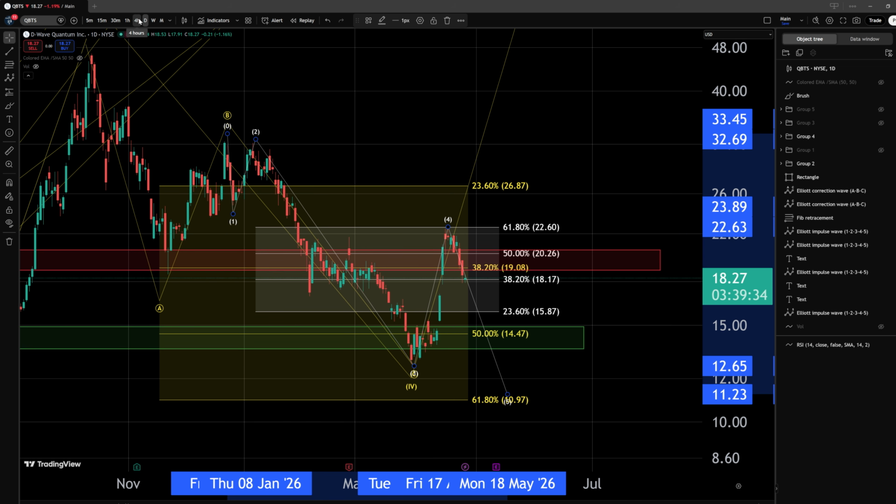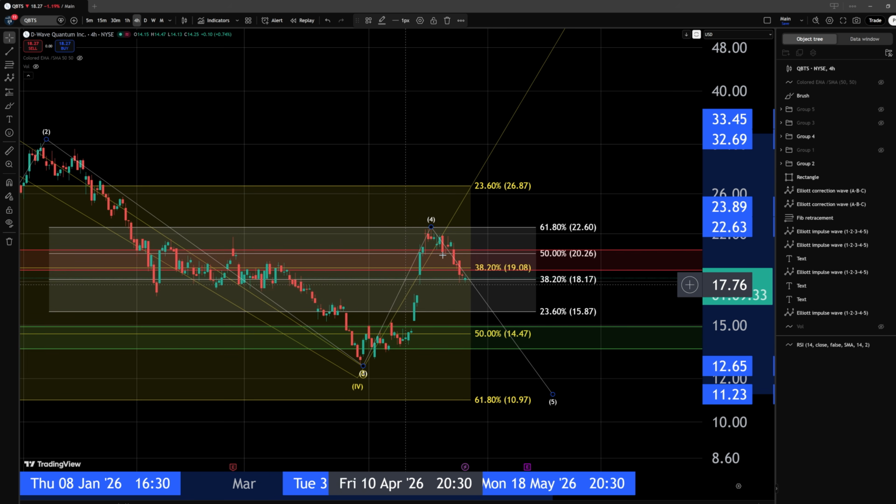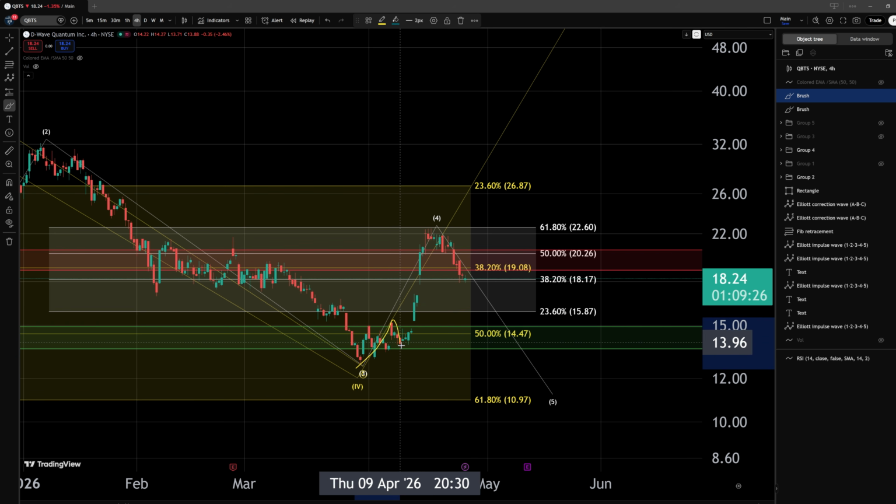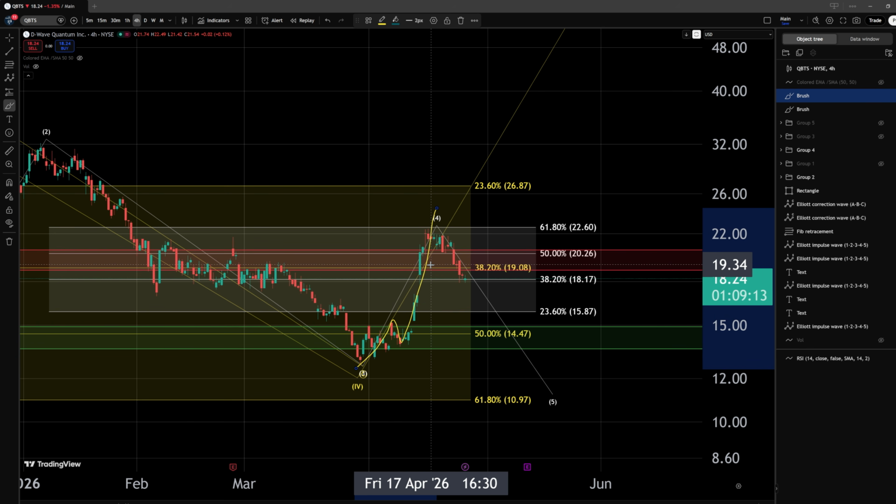Does the internal structure within this movement to the upside satisfy this as a wave 4? Unfortunately, it actually does. I can simply track this as an A, B, C pattern, which is exactly what would be expected of a wave 4 within a diagonal structure, even more particularly. So this is not a good sign.